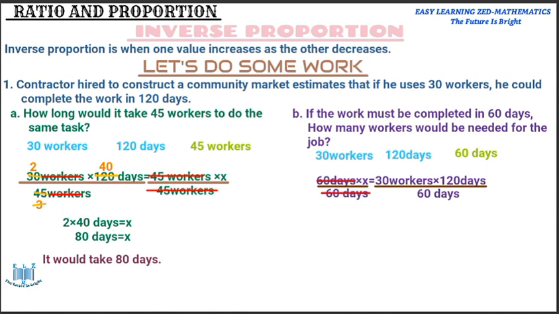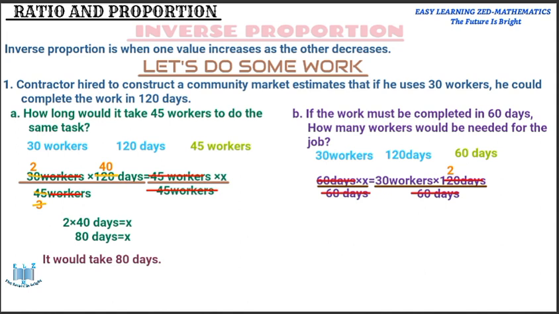Then we come to the right side of the equal sign. We have days on top and down, so we cancel the days. When we divide 60 by 120, we get the answer, which is 2.